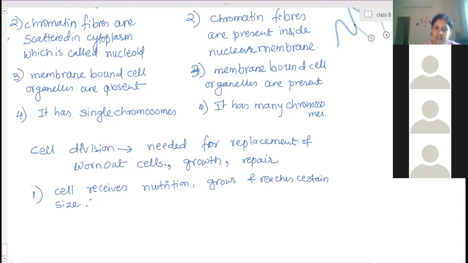After that it reaches maturity. Then that cell divides into two cells. One single cell will divide either into two cells or a maximum of four cells. For general cells, like the skin cells or any of our body cells other than the reproductive cells, the single cell divides to form two cells.